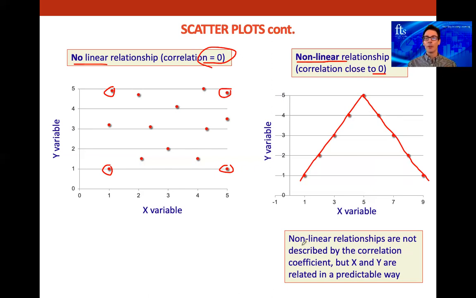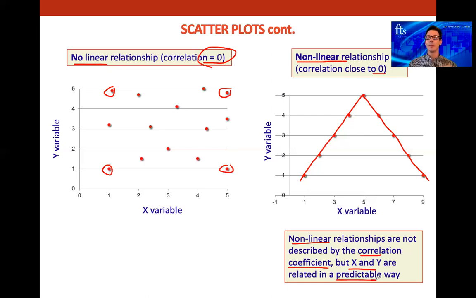What we can see here is that non-linear relationships are not described by the correlation coefficient. That's a rule for non-linear relationships. They're not described by the correlation coefficient, but X and Y are related in a predictable way. How does that apply to our example?